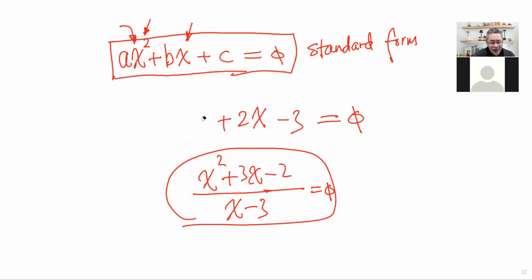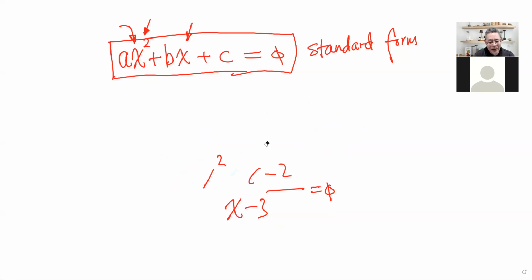Okay, now given that, based on algebra, we can play with the symbols. And this is actually what we are trying to learn in algebra, to be able to manipulate those symbols. So the first thing we can do is divide by a, that is multiply by 1 over a, on both sides.